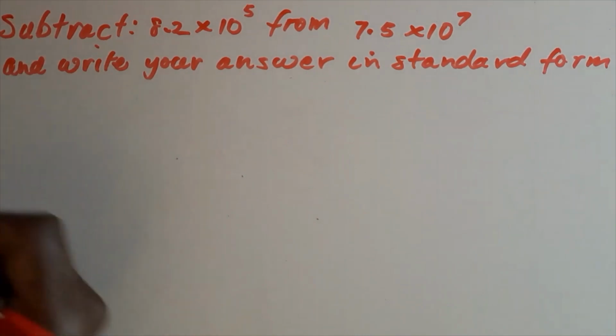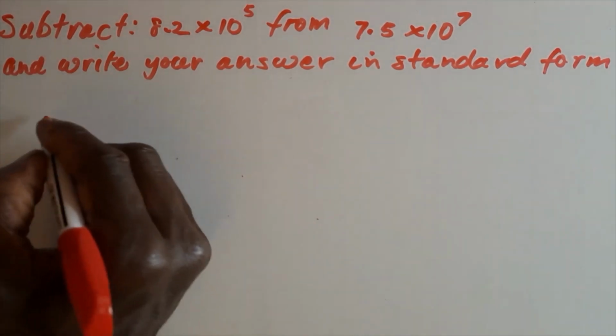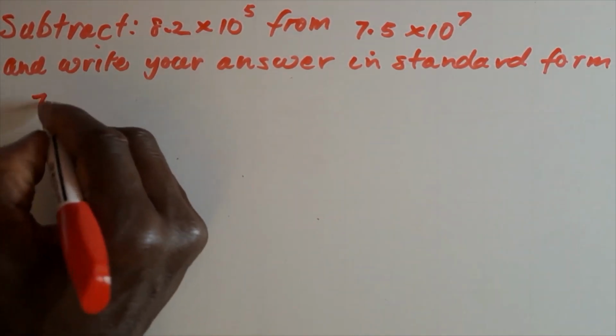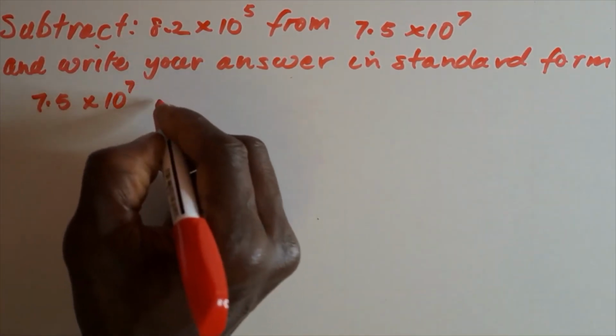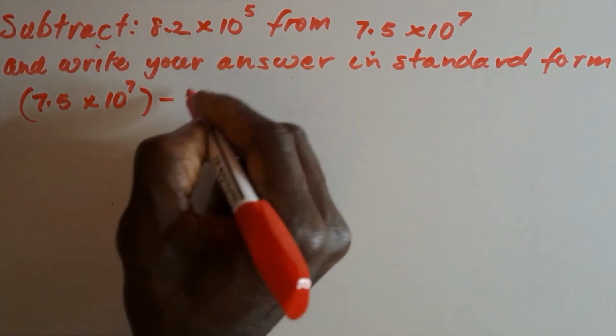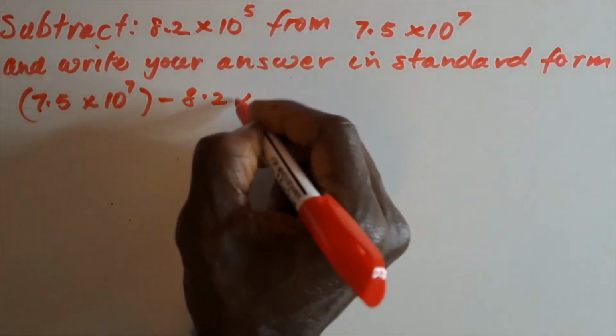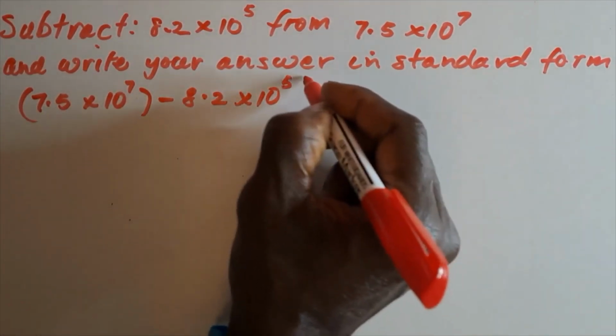And let's write this in the form that's familiar. 7.5 times 10 to the 7th. And we're subtracting 8.2 times 10 to the 5th power.